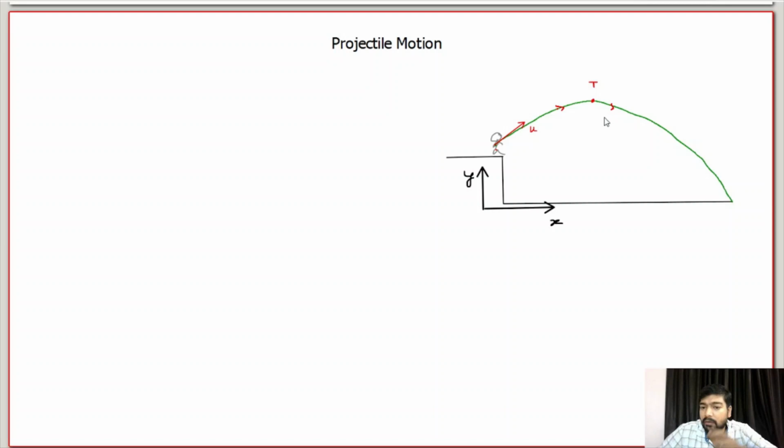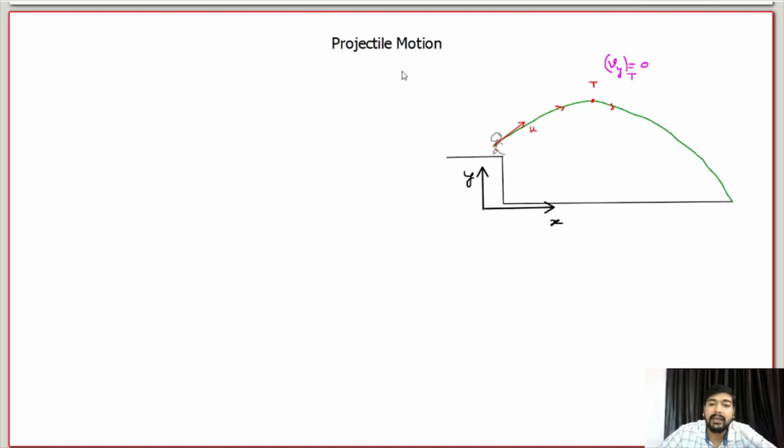So at this point there will be no velocity in the y direction. That means the velocity in the y direction at the point t is 0.